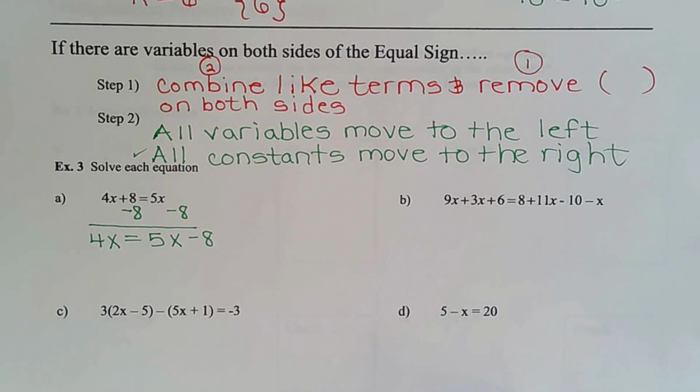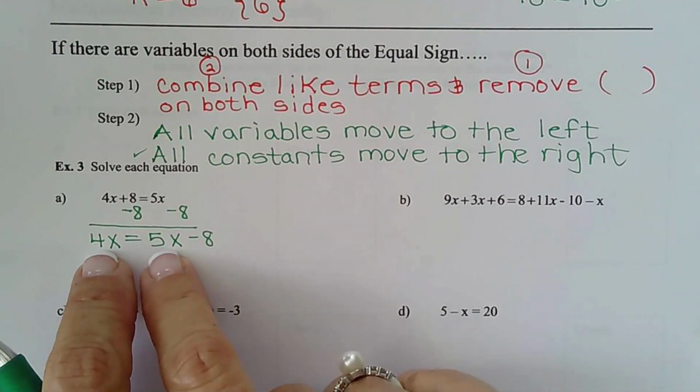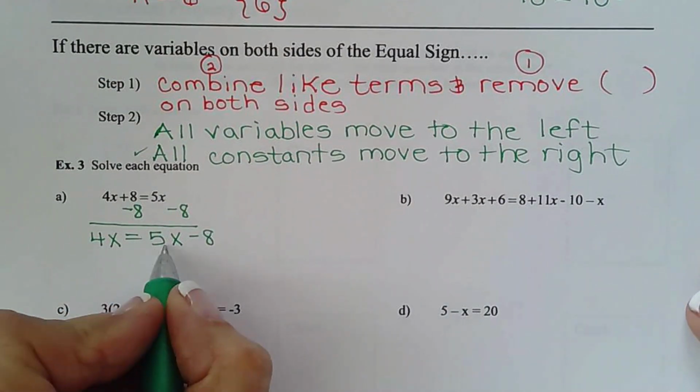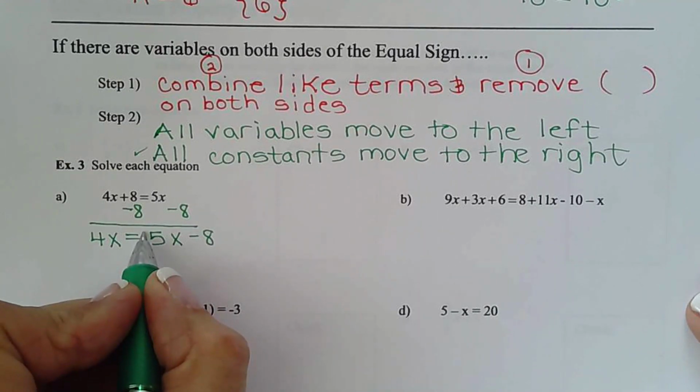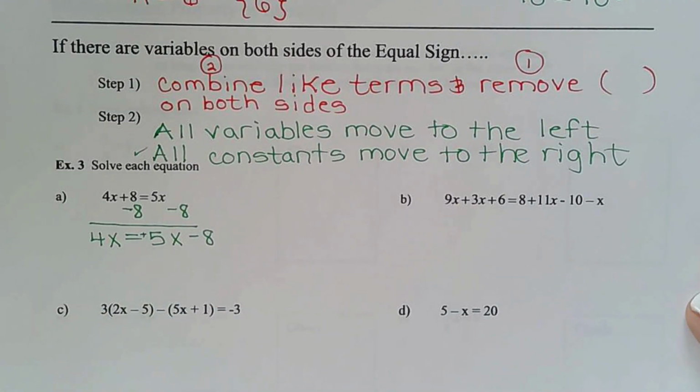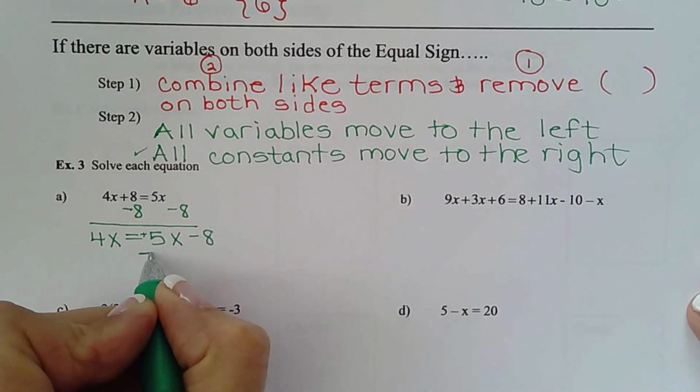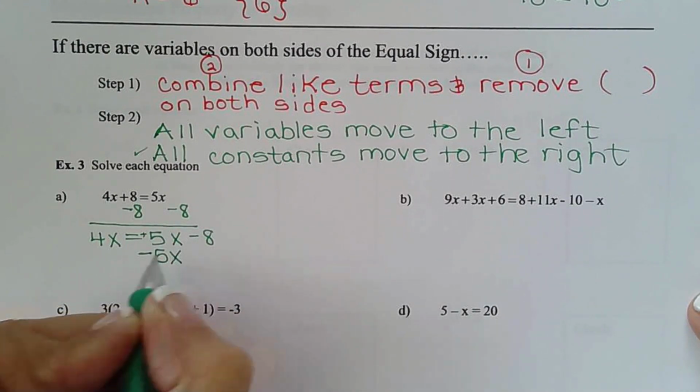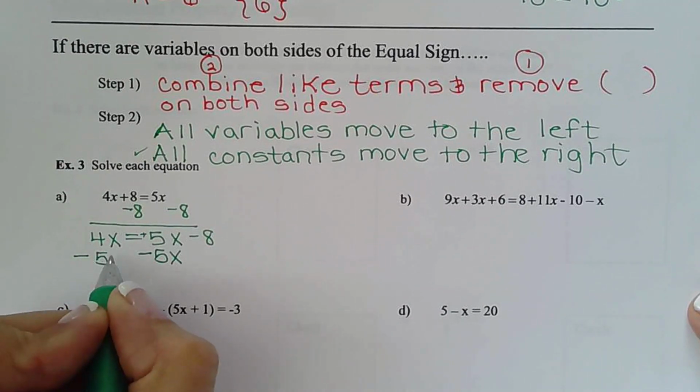Every time you cross an equal sign, you must do the opposite. You can never add things that are on different sides of the equal sign. So I need this over there. Right now, there's no sign in front. That means plus. So I do minus 5x minus 5x.